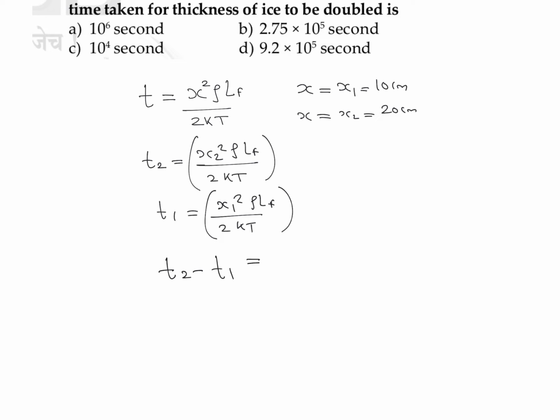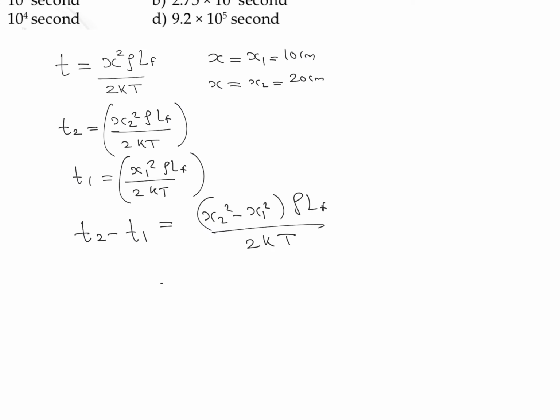So we can write this as equal to x2 square minus x1 square into rho into latent heat of fusion divided by 2 into K into T. Now the value of x2 is 20 centimeter, so we can write this as 20 centimeter square, 400, minus x1, which we can take as 10 centimeter square, which is 100, into density of ice.